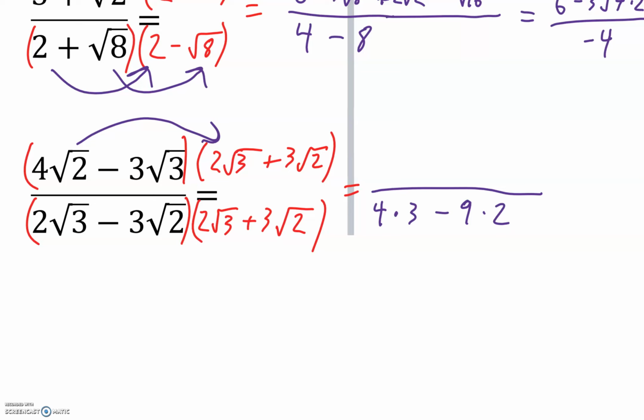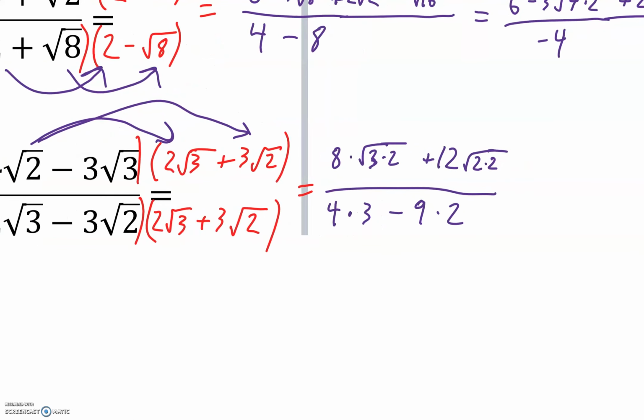So that's 8 times root 3 and root 2, and we have positive 12 root 2. Those are going to be nice to cancel out.